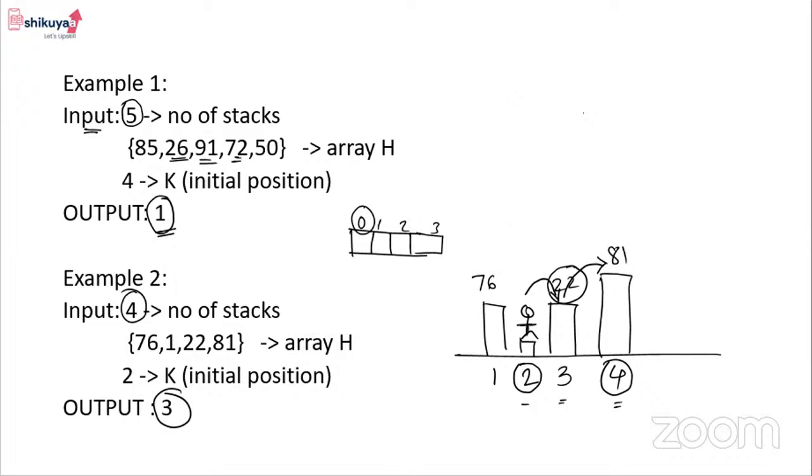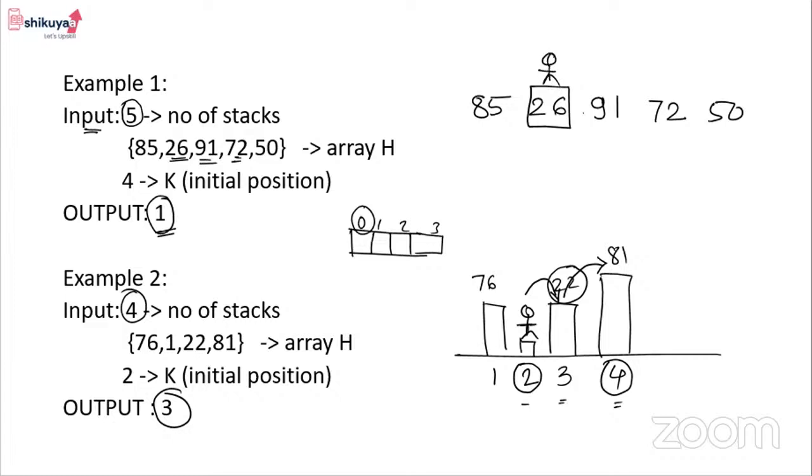For example, I will give you the same example as it is given in example number 1. So 85, 26, 91, 72 and 50, these are the stack heights. Okay, so we will check. Suppose Bob is standing on the stack of height 26.